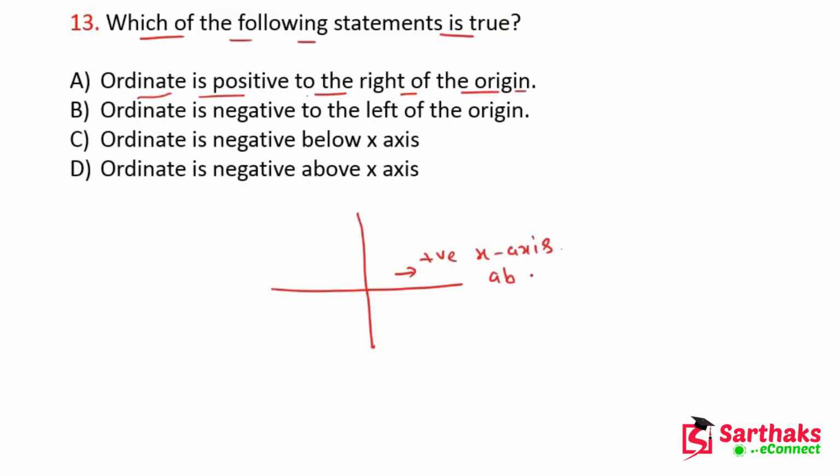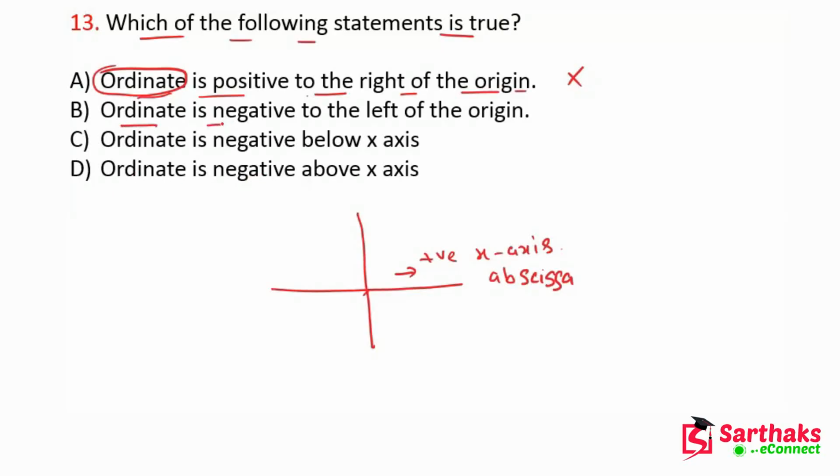So if you observe this, to the right of the origin there is a positive abscissa, and the statement is talking about the ordinate, meaning y-coordinates. So this is false.